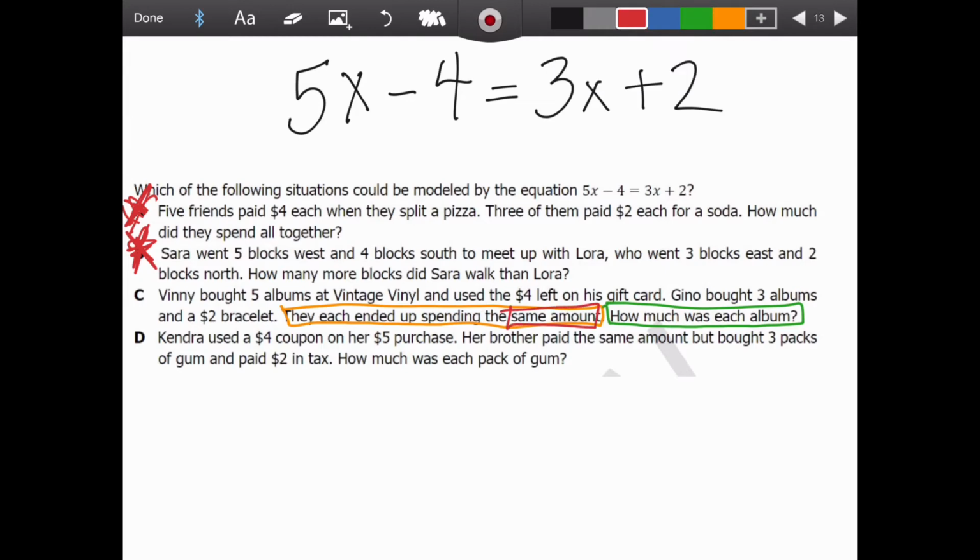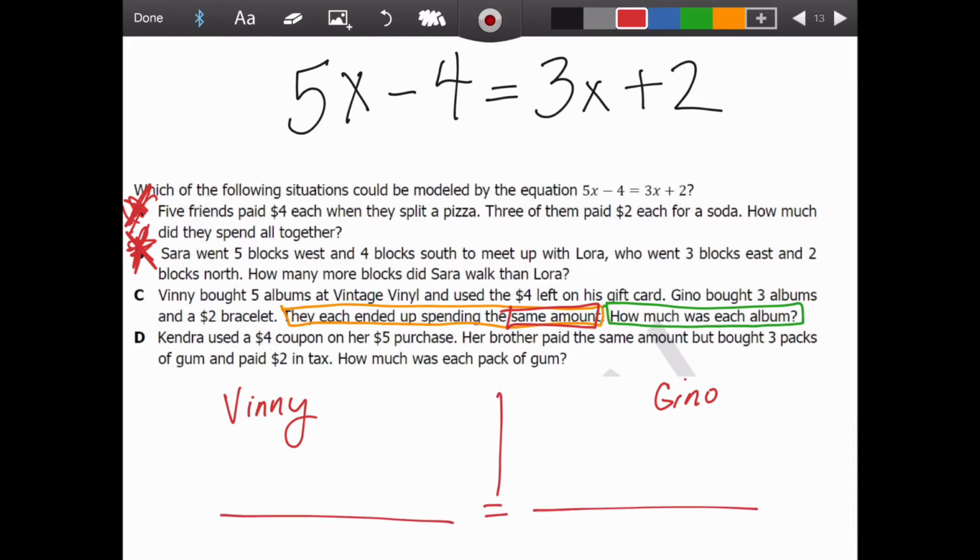Okay, so from this same amount right here, I know that I'm going to be setting these two people equal to one another. So I'm going to come down here, I'm going to put Vinny, and I'm going to put Gino over here, just like we were doing, where we have a left side and a right side. Now, if we look at Vinny, it says Vinny bought 5 albums. Now, we got to read to the very end, because this is where it's going to give us our variable. How much was each album? Well, we know that he bought 5, but does it tell us the cost?